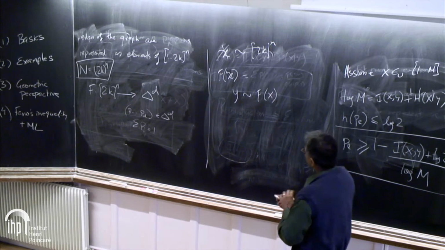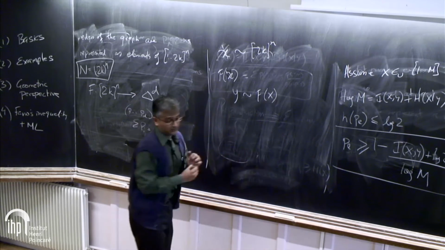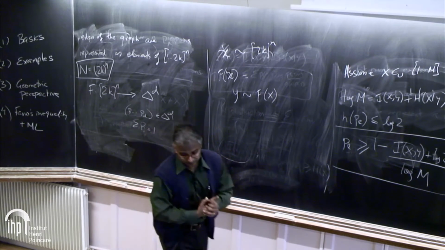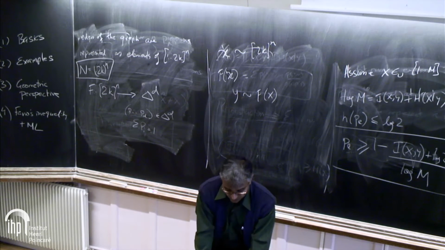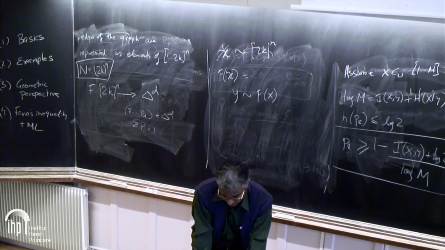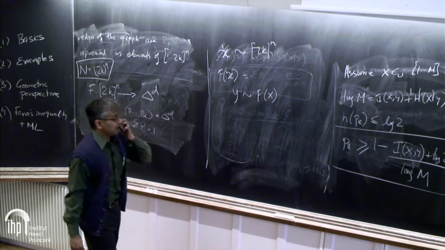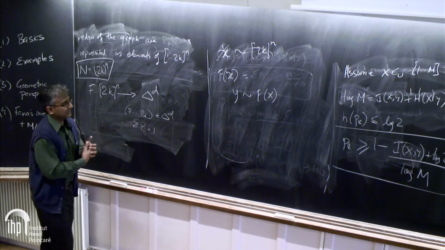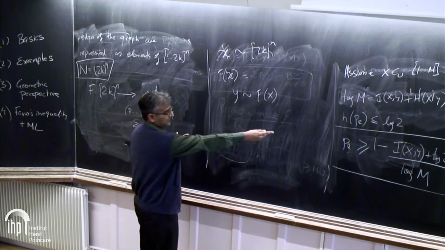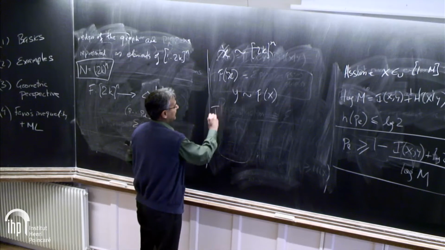So if I want to show a lower bound on the size of this data, or whatever representation I'm going to use, I need to give some kind of lower bound by Fano's inequality on this object here.